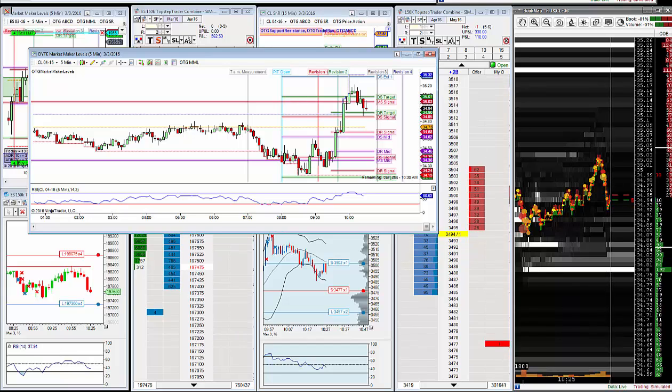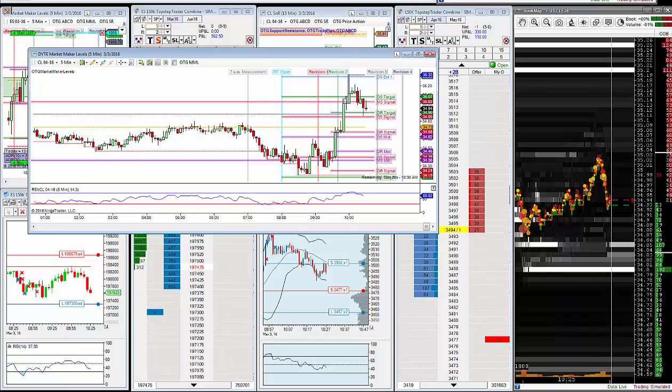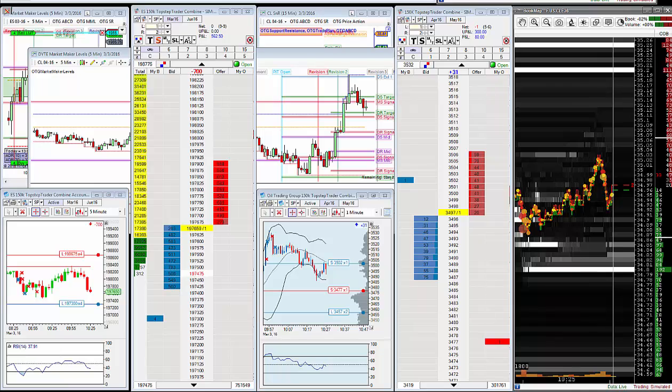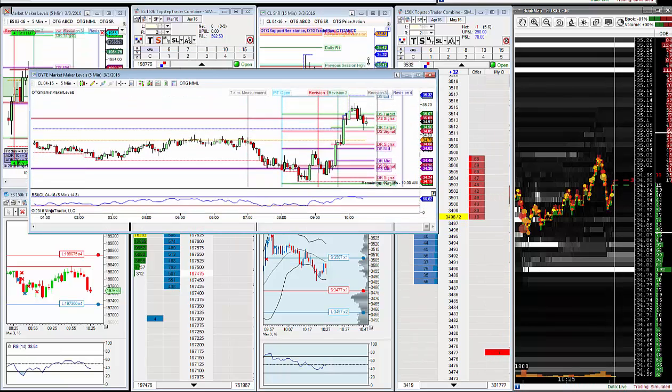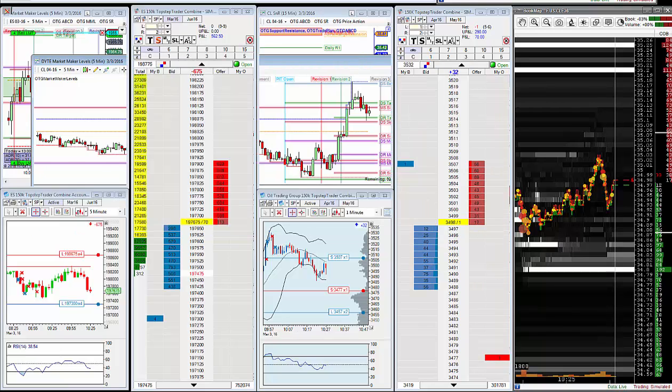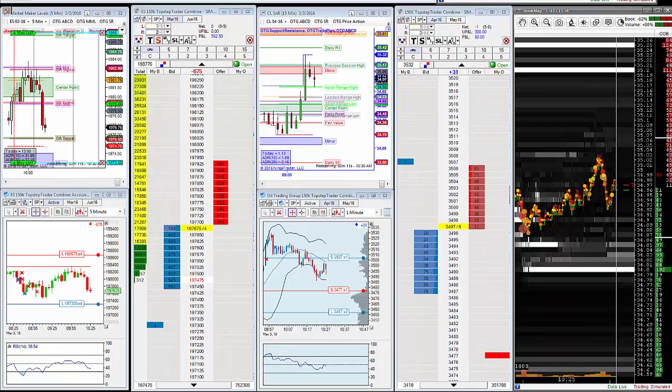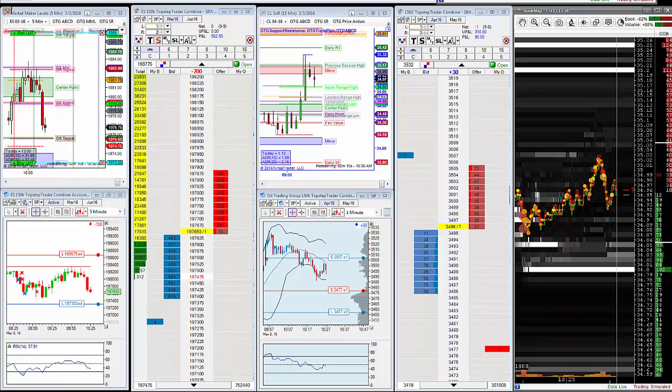Make that back to 07. Back to 07 on the trail stop here.